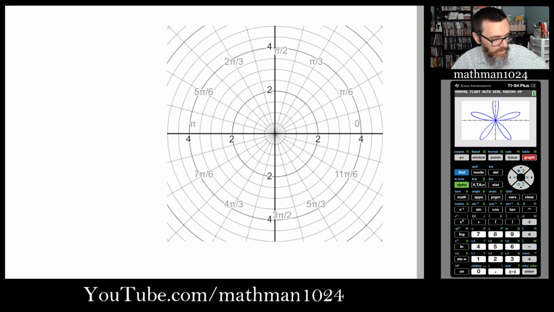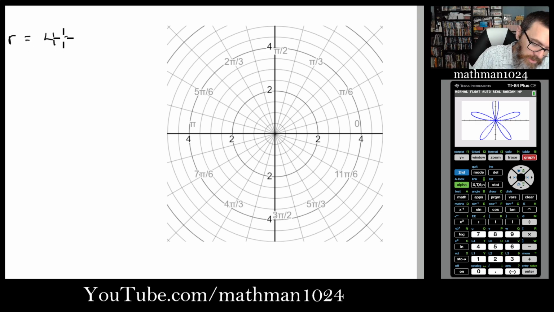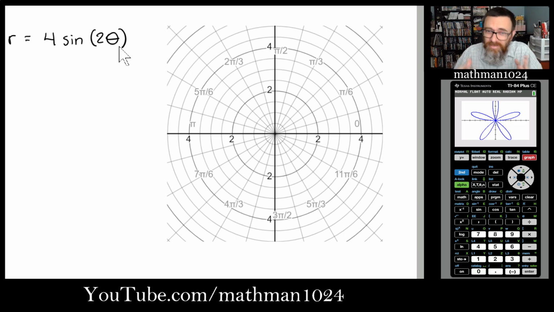So for the next one, we're looking at r is equal to 4 times the sine of 2 theta. Well, first off, I'm going to look at that 4 and say, okay, that's the largest that my graph is going to be.